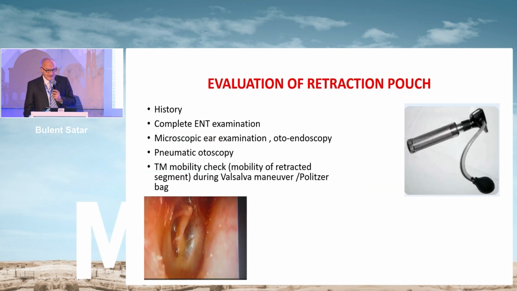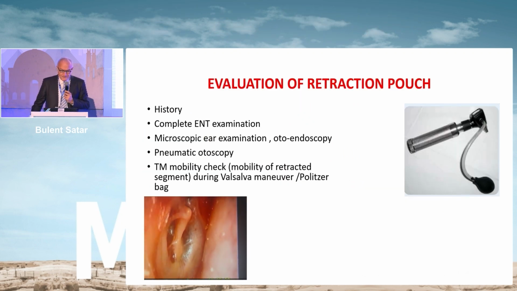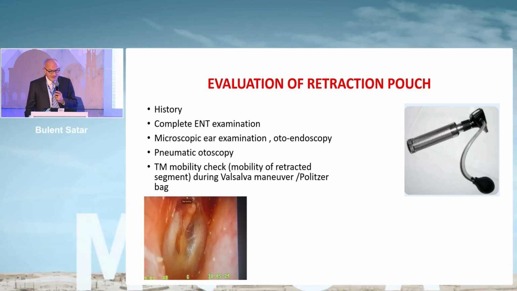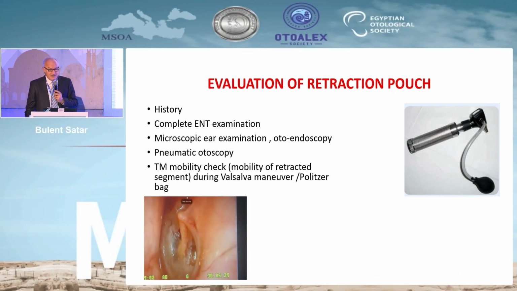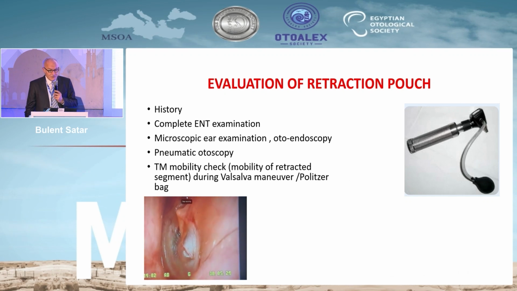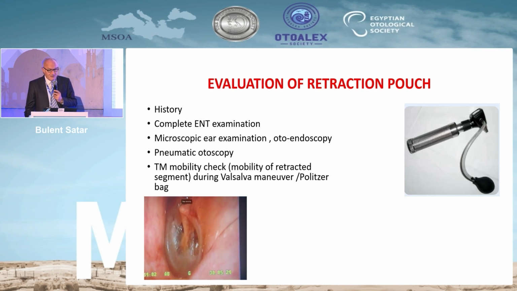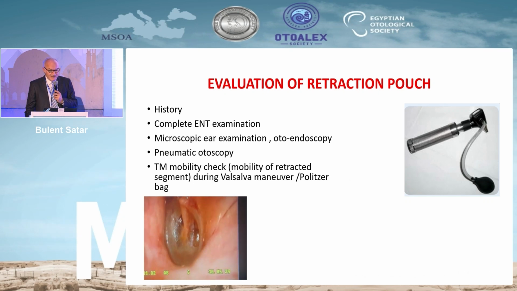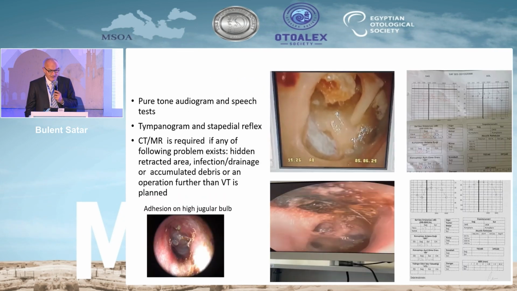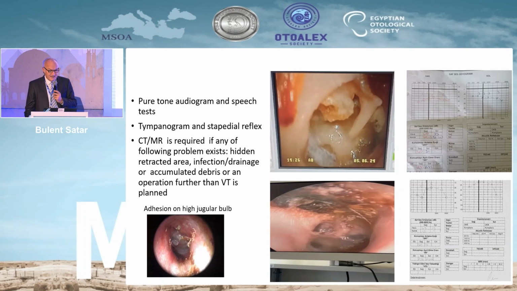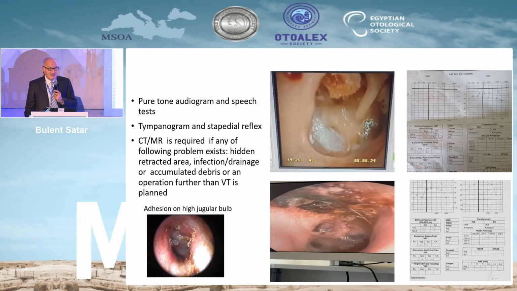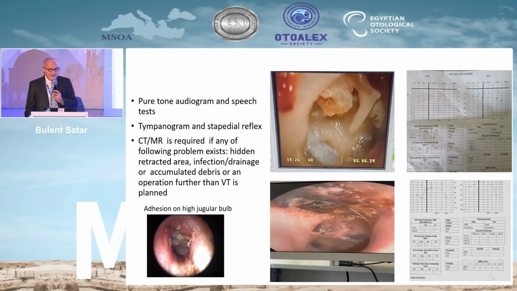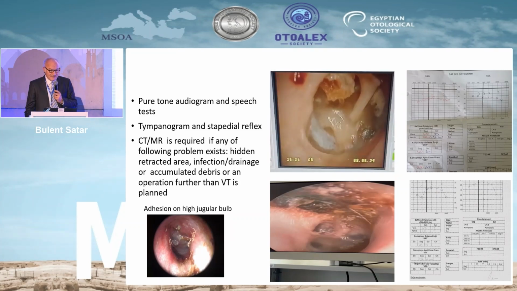Actually, I will start with the evaluation of the retraction pocket. It should include history taking, complete ENT examination, microscopic and also endoscopic ear examination, pneumatic otoscopy, and tympanic membrane mobility check during the Valsalva maneuver, and some hearing tests, tympanogram, and in some cases CT and/or MRI is required.